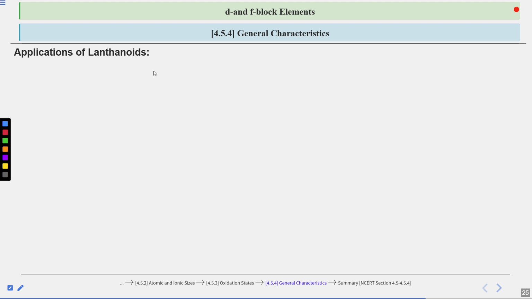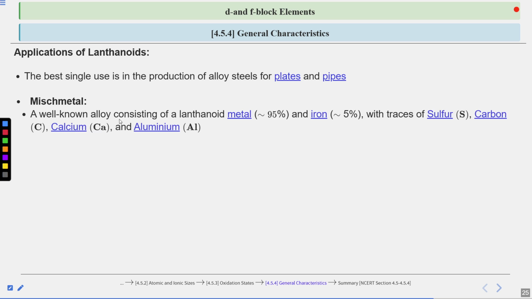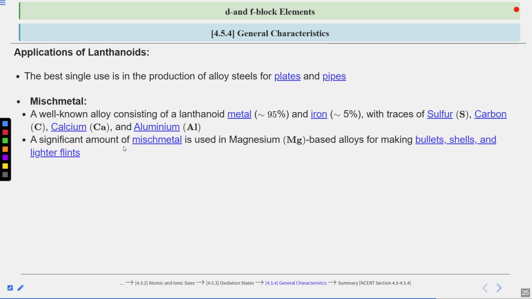Applications of lanthanoids. The best single use is in the production of alloy steels for plates and pipes. Mischmetal is a well-known alloy which consists of a lanthanoid metal, about 95%, and iron, about 5%, with traces of sulfur, carbon, calcium and aluminium. A significant amount of mischmetal is used in magnesium based alloys for making bullets, shells, and lighter flints.